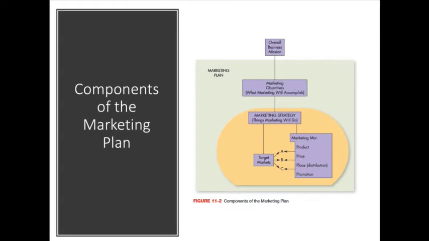From here, a strategy is developed, the things that marketing will actually do to reach each of the target markets using the four primary aspects of the marketing mix: product, price, place, and promotion. Now, these are naturally known as the 4 P's of marketing. And so whenever someone in the future uses the term the 4 P's of marketing or the marketing mix, these are the 4 components that they're referring to.